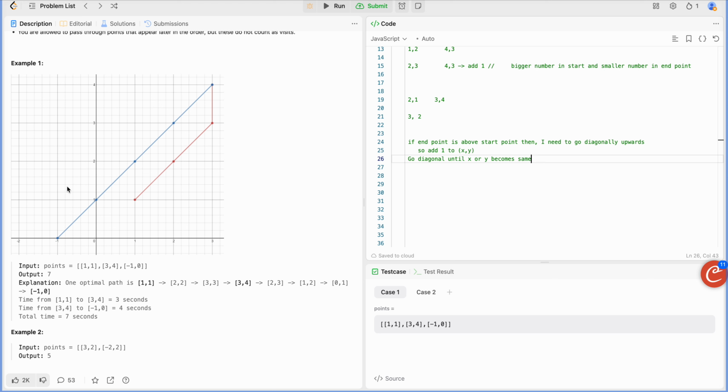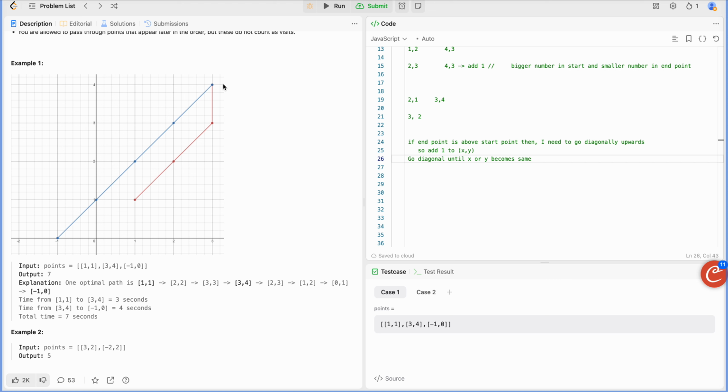It means that if I'm at this point and I go to this point, I would have gone diagonal until they are at the same level. Do you know what I mean? I would go diagonal until I hit this line.